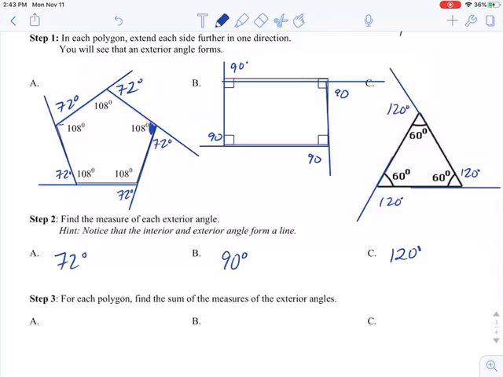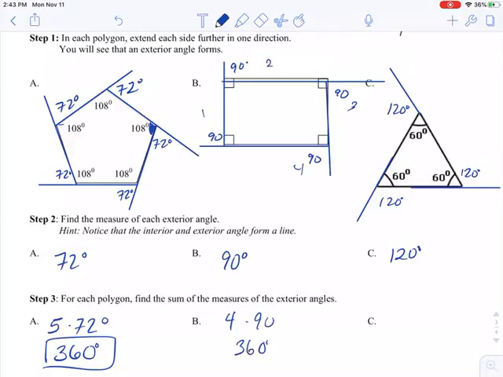Now I'm going to find the sum of those exterior angles. In the pentagon, the first one, I'm going to take 5 times 72, because there's 5 angles, and that's 360. On the rectangle, I'm going to take 4 times 90, because there's 1, 2, 3, 4. 4 times 90 gives me 360.